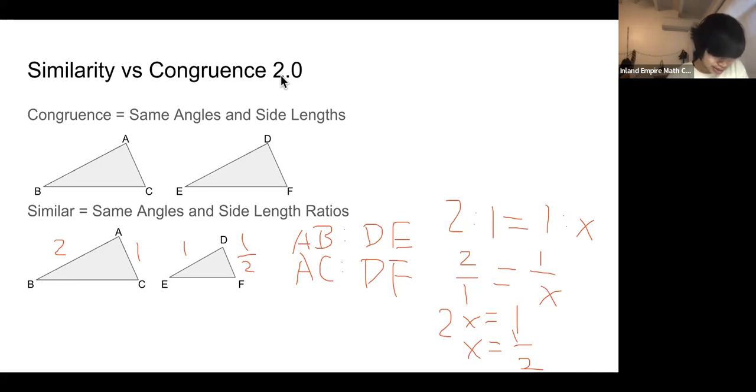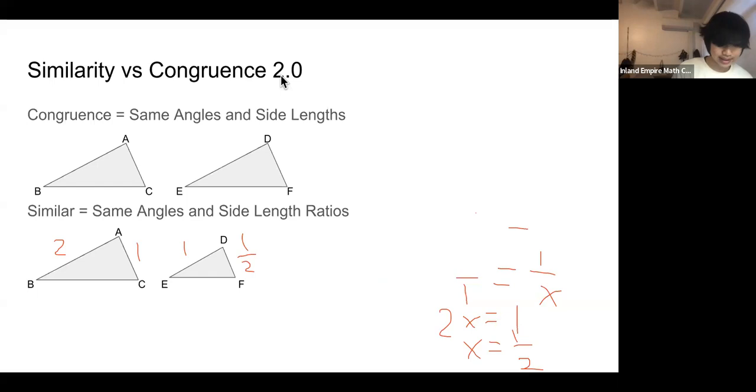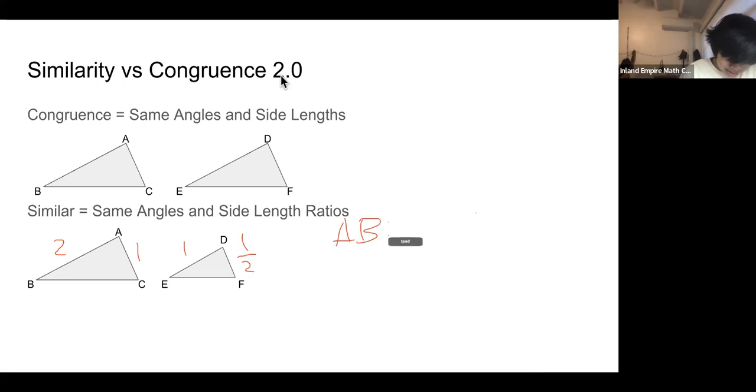Okay, so another thing about similar triangles is that the ratio between sides on the same triangle is actually the same. So if you look here, the ratio between AB and AC is the same as the ratio between DE and DF.